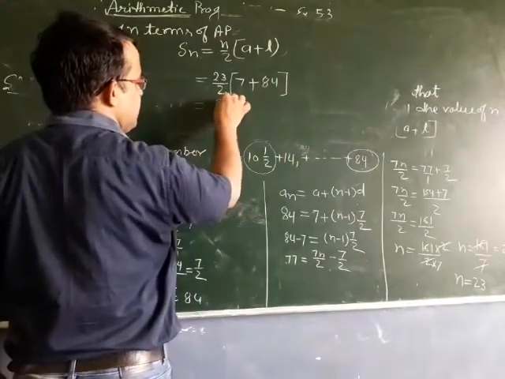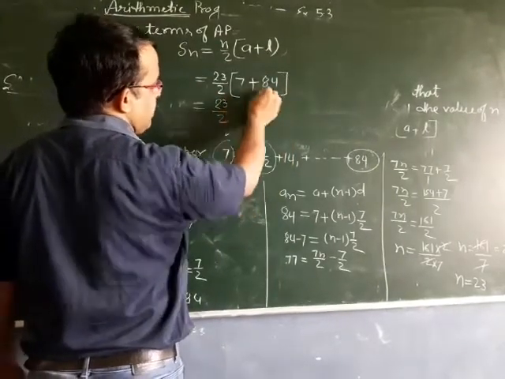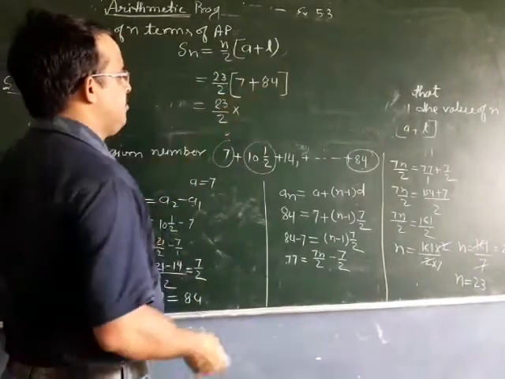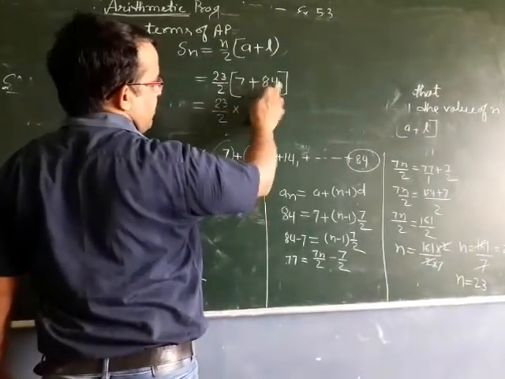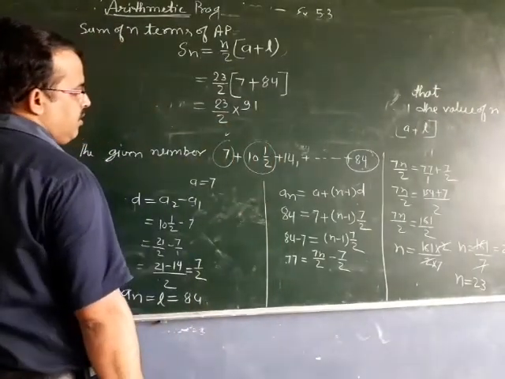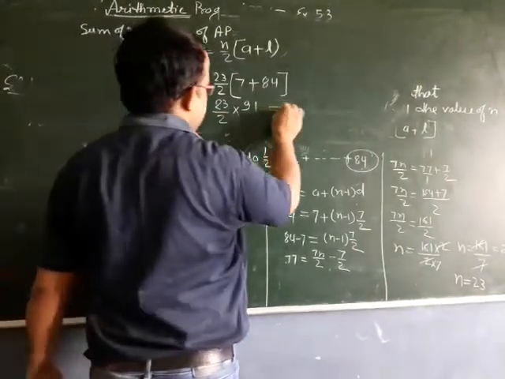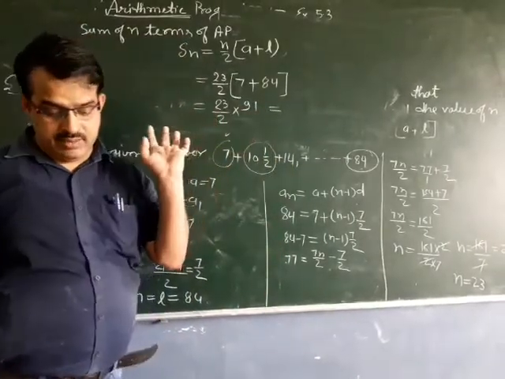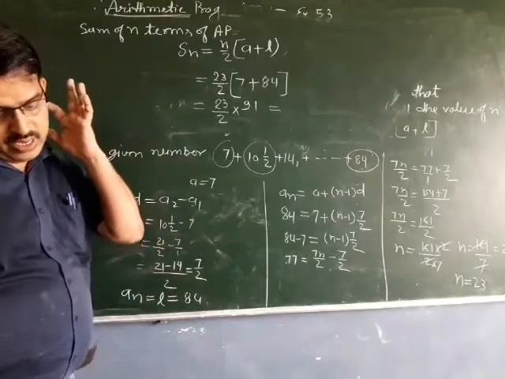Now 23 by 2, and this one is 84 plus 7. We get 91. Clear? Now multiply 23 into 91.